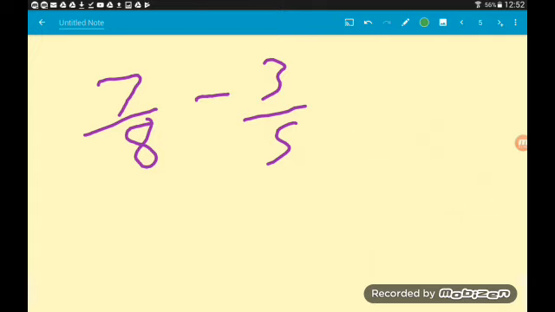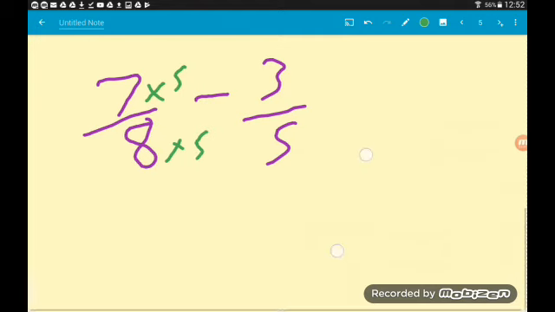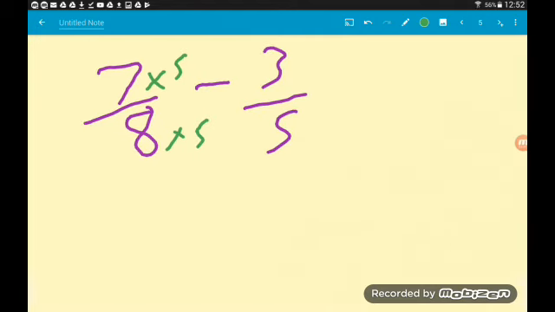So to turn 8 into 40, we need to multiply it by 5. So we do the same to the top too. So 5 times 7 is 35. 5 times 8 on the bottom is 40. So 7/8 is exactly the same as 35/40.